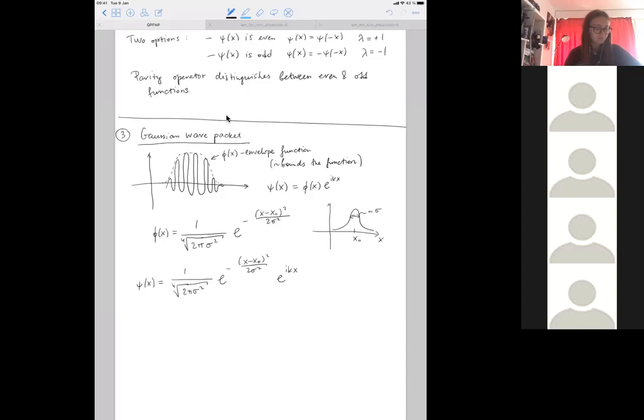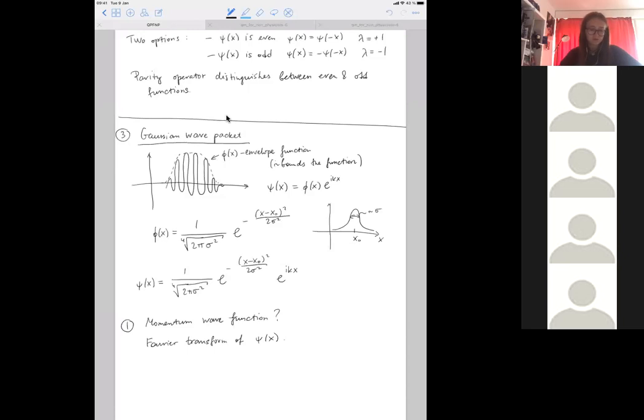Okay, and this Gaussian wave packet has a number of interesting properties. The first question that we have to answer is: how does the momentum wave function look? As we remember, the momentum wave function is just the Fourier transform of psi of x.